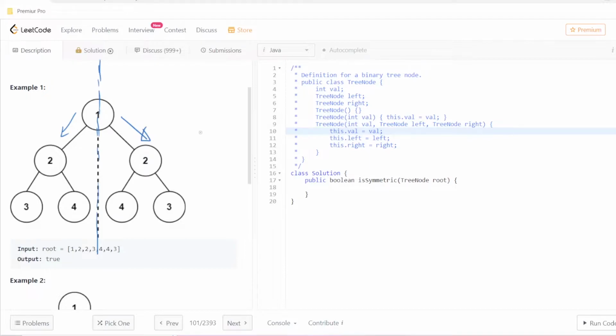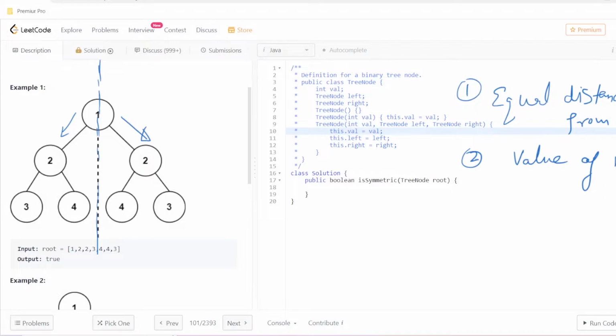So you have to satisfy two conditions: equal distance from the mirror, and second condition is the value of node should be same. So these are the two conditions that need to be satisfied here.